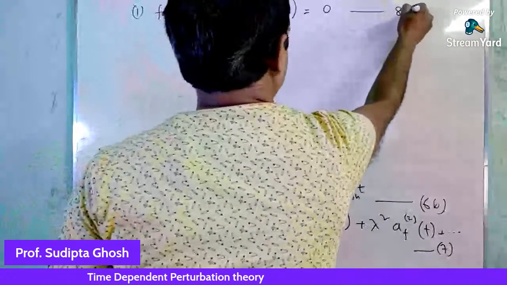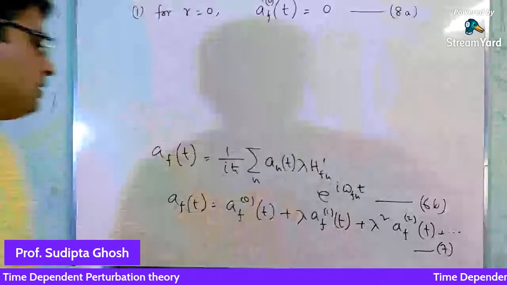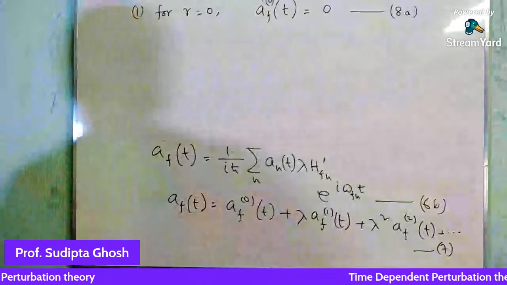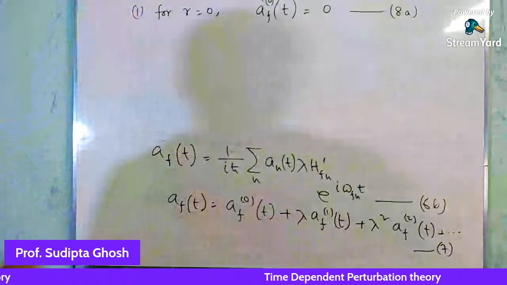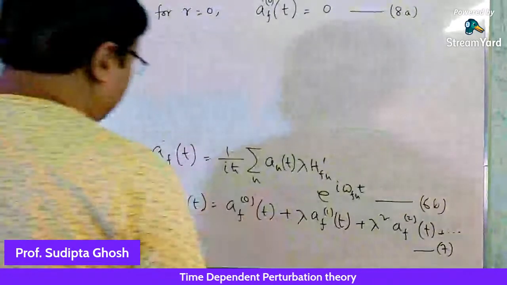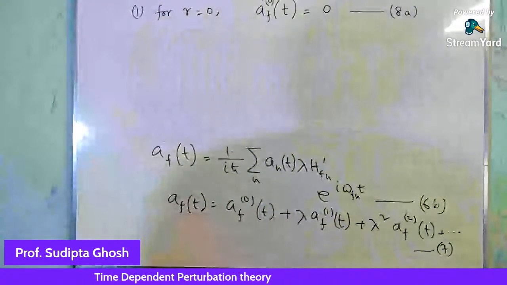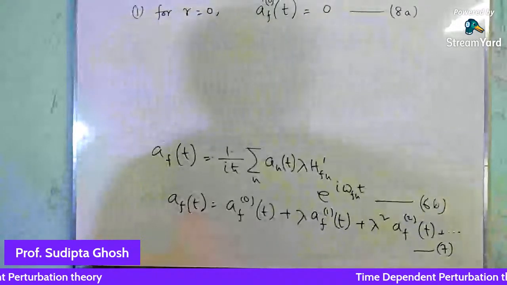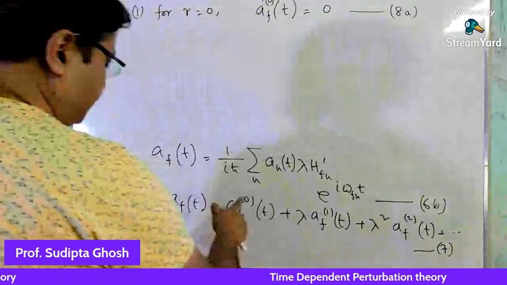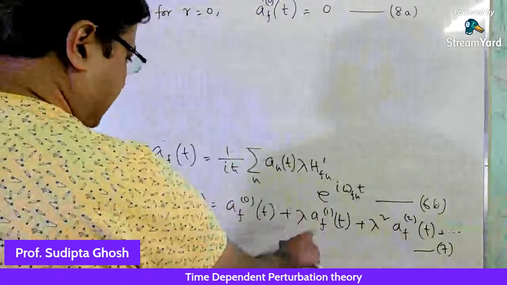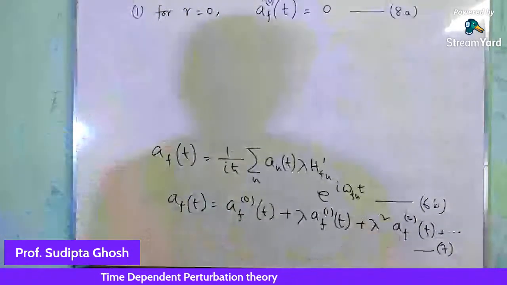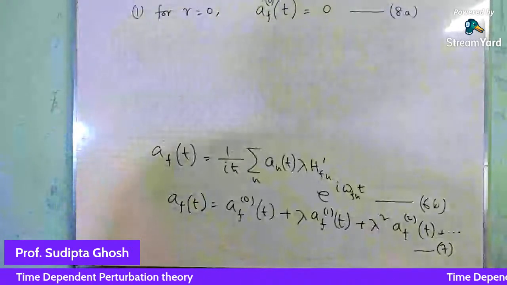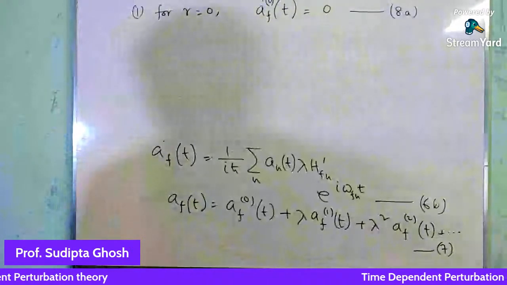Let it be equation 8a for r equals 0, because a_f(t) equals this, and if we differentiate a_f(t), that is, if we find a_f dot (t), it will be a_f dot 0(t) plus lambda a_f dot 1(t) and so on. So a_f dot 0(t) is actually 0.